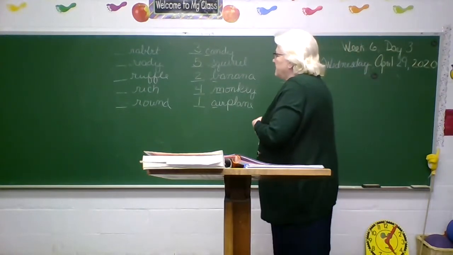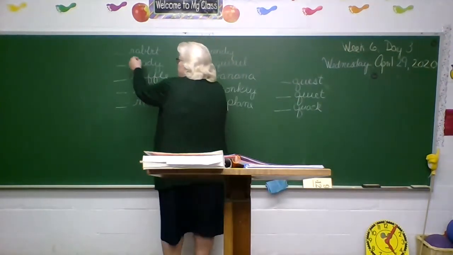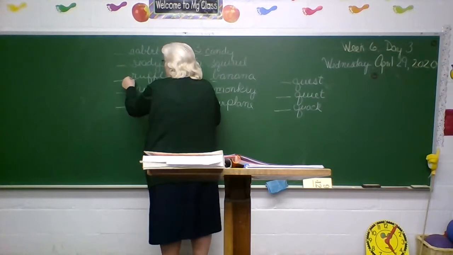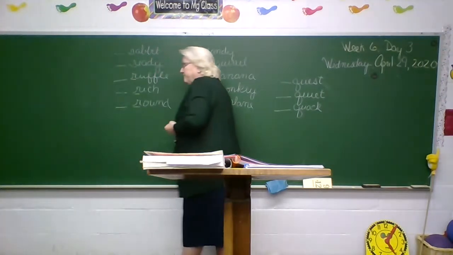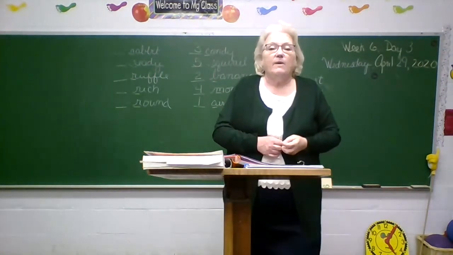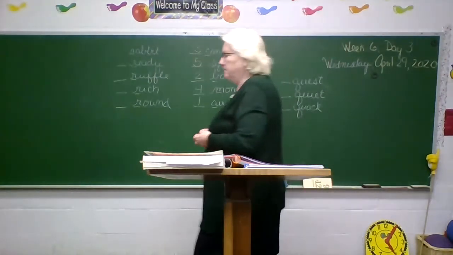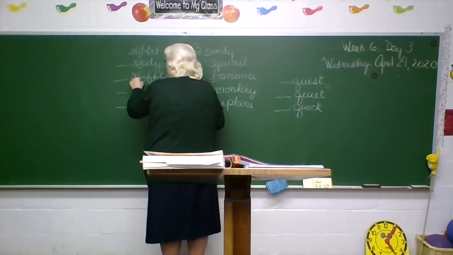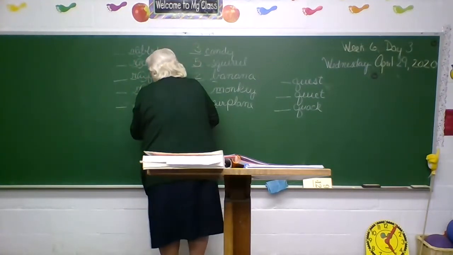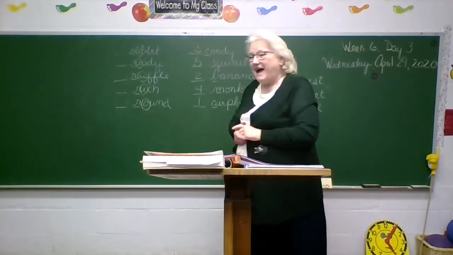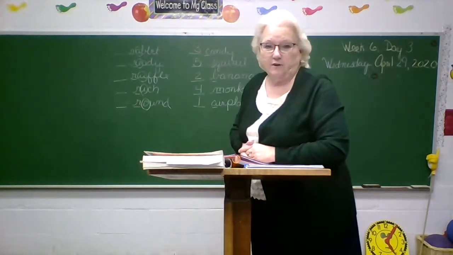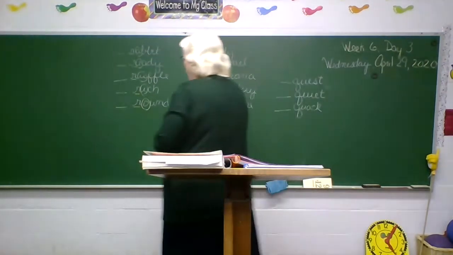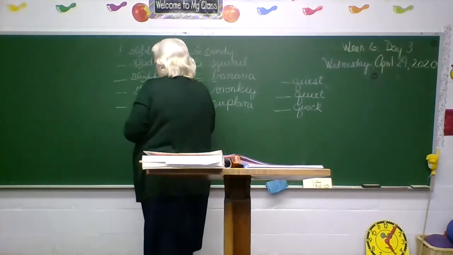Now, what happens if all the letters are the same letter? R, R, R, R, R. That happens. You have to look at the second letter. We have an A, an E, a U, an I, and an O. Now, according to that letter, which one comes first? The A, right? So rabbit would be number 1.